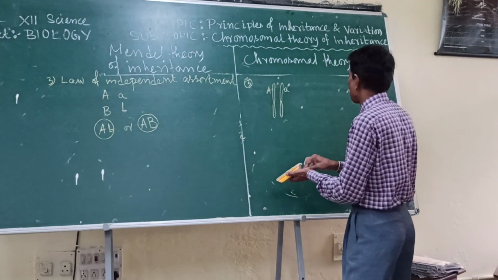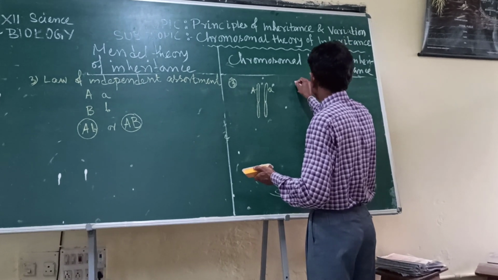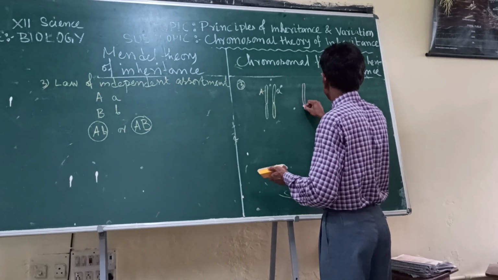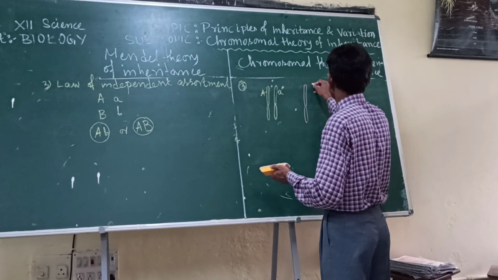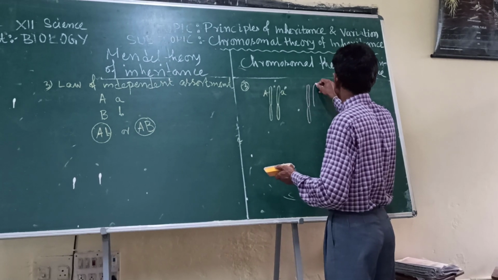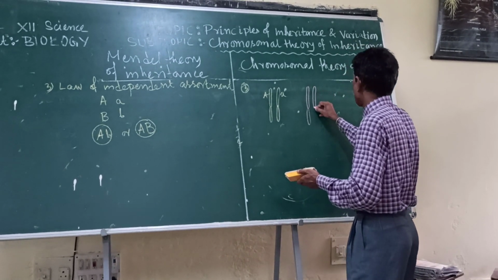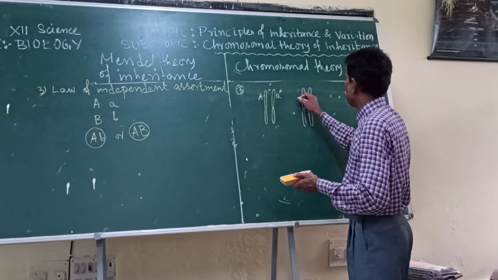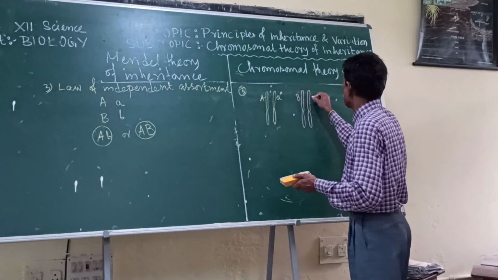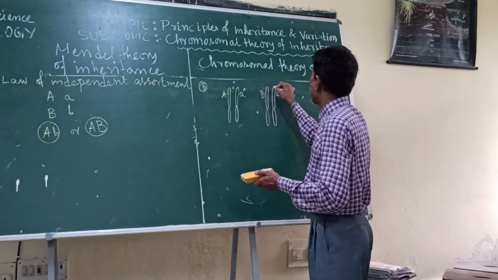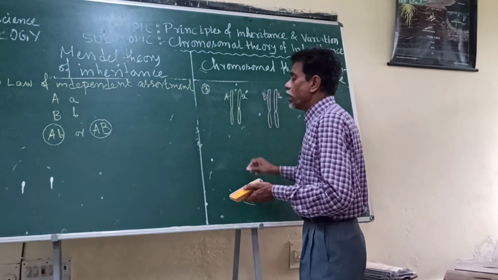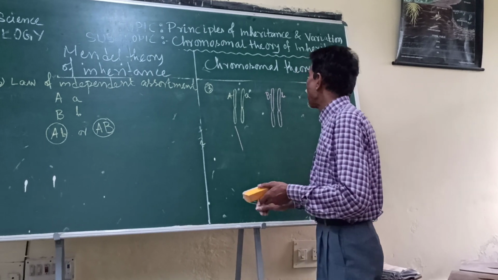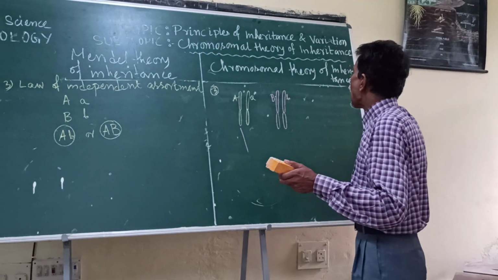This is another pair of homologous chromosomes having capital B and small b allelic genes at this location. Now, during gamete formation, they will have a chance to assort independently. How?